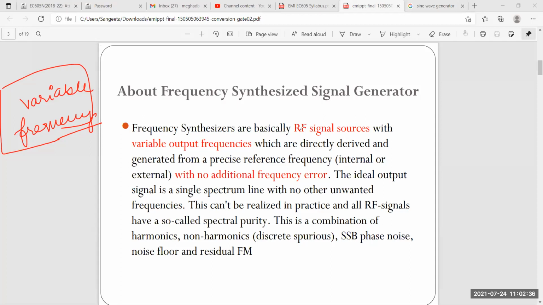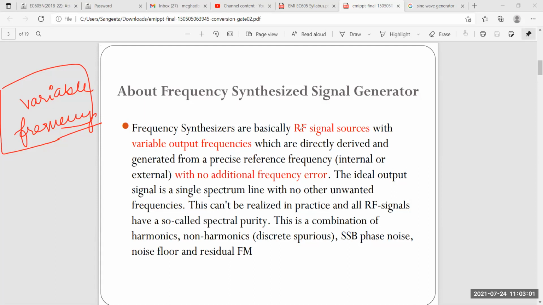And what does it do? What is the importance of RF signal? Why are they so widely used? Basically, what is the RF signal? Do you have any idea?